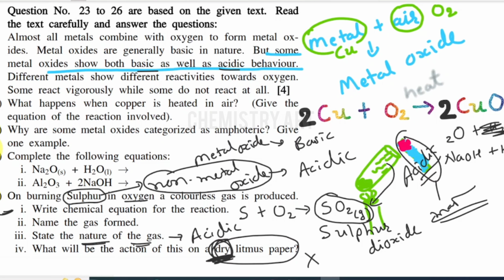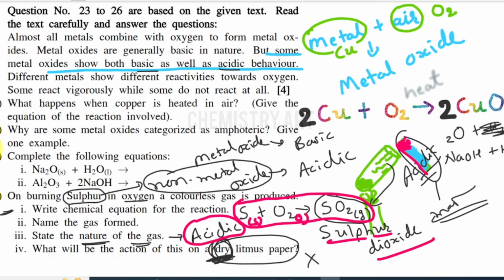The answer of the first question I have already written. This is the full reaction, and it is also a balanced chemical equation. Okay, you can add the states. Sulfur is a solid, and the oxygen is in gaseous form. Name the gas: the name of the gas is sulfur dioxide. Nature: the nature of the sulfur dioxide will be acidic, that we can check with the help of moist litmus paper, like I explained here.